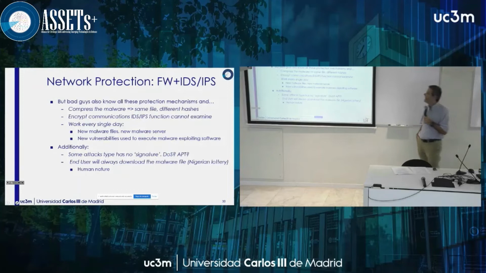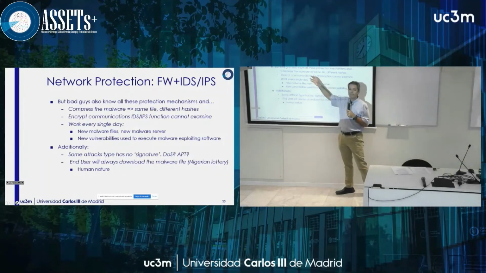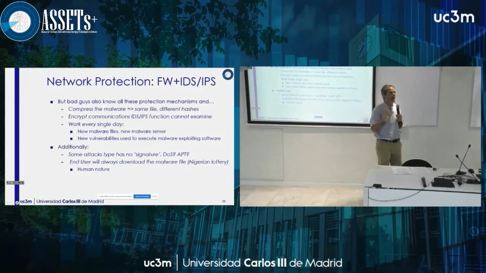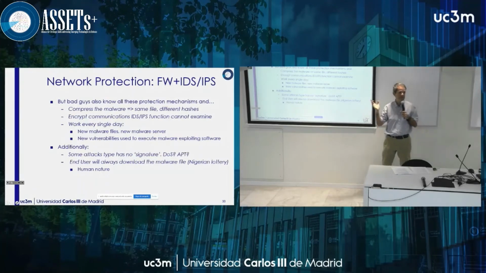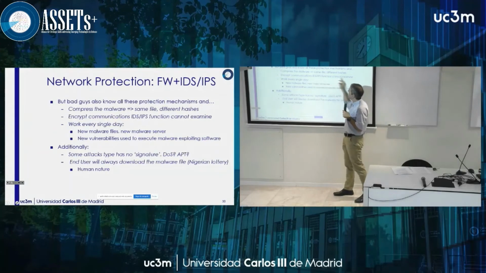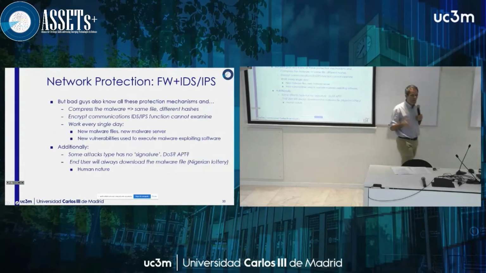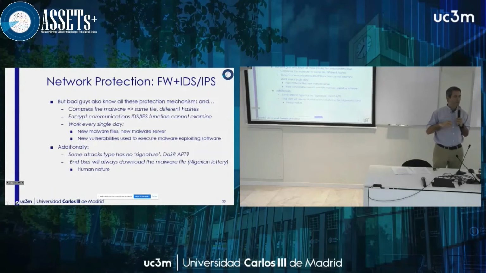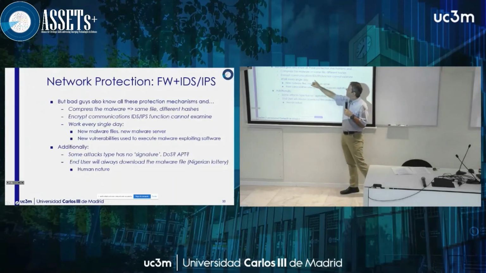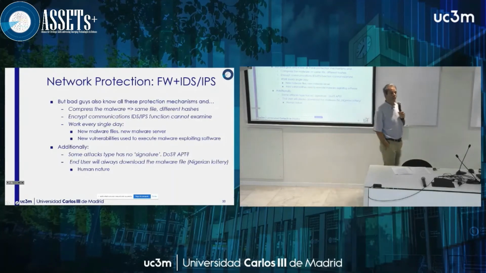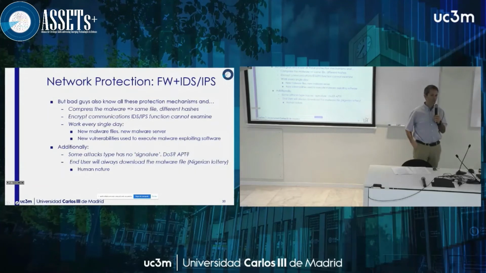Okay, it's logical. For example, some techniques compress the malware and encrypt the malware file with different keys. Different keys generate different hashes, so the same malware file will have different hashes, millions of hashes. For example, malware encrypts its communication channels, command and control, to receive orders, so that deep packet inspection cannot detect the signature inside them.